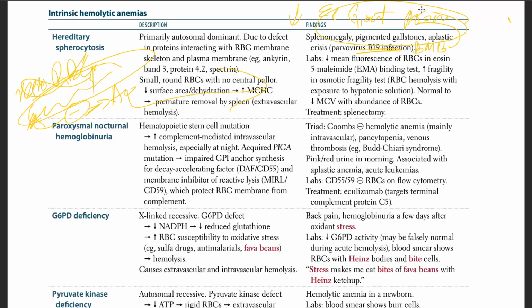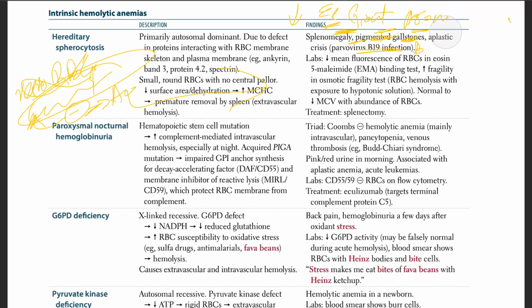So giant pronormoblasts will have that glassy appearance of parvovirus viral inclusions intranuclearly. So yeah, that's pretty much what we have.